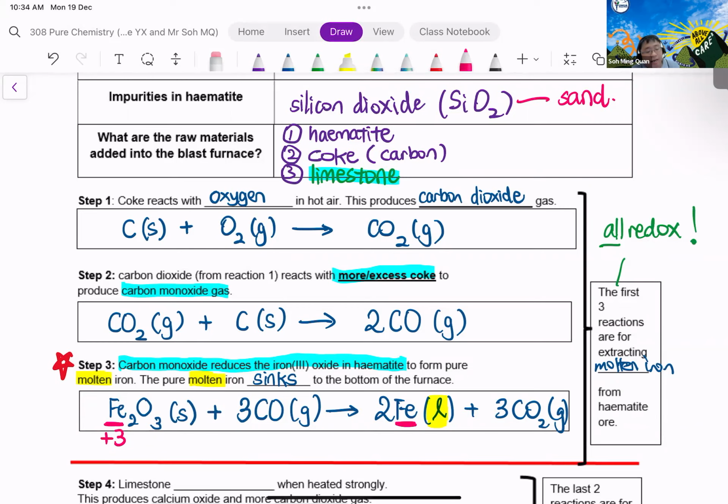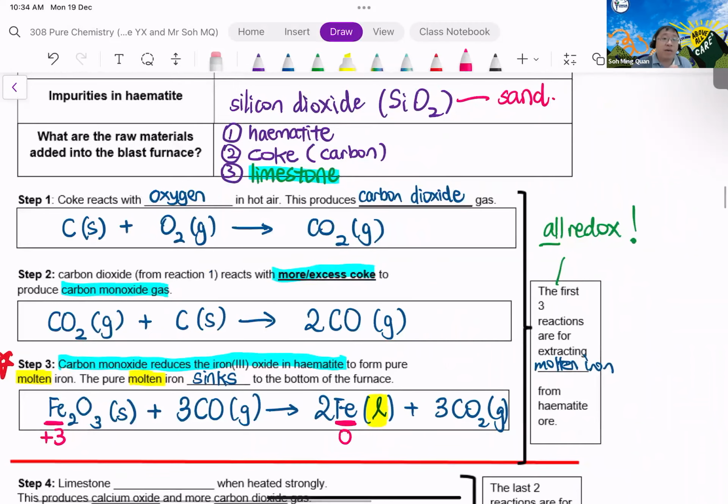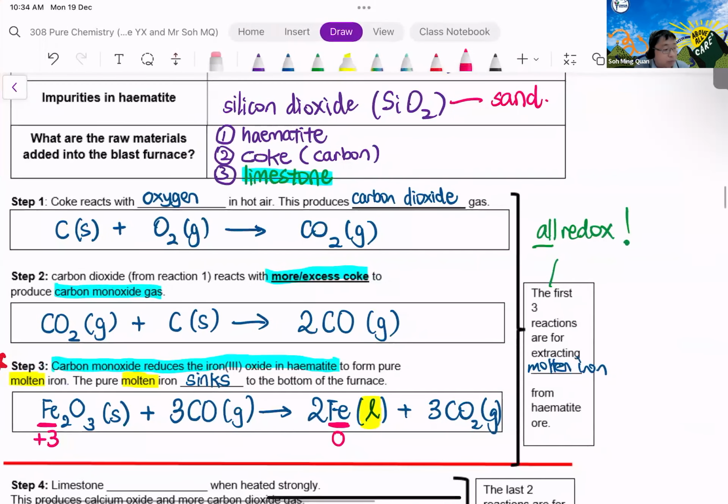At the end, iron is an element. By definition, for elements, the oxidation state will be 0. So it's quite clear Fe2O3 is reduced. All right? Fe2O3 is reduced because the oxidation state of iron decreases from +3 in Fe2O3 to 0 in Fe. All right, so let's take it down quickly at the sides. Okay, there may not be a lot of space, but on your paper, there should be more space.